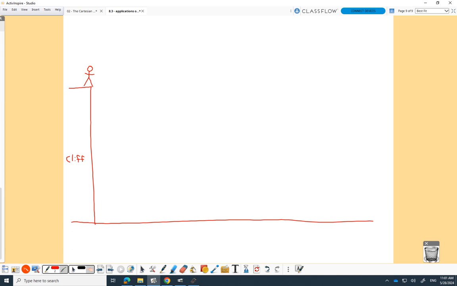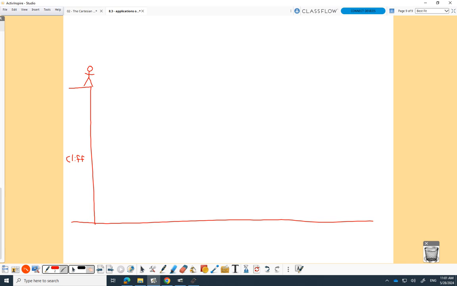Okay, here first. Cliff. Don't jump, Nadia. Usually on these diagrams, we make people a lot taller than they actually are so that we can label these things well. How high was the cliff? I already forget.